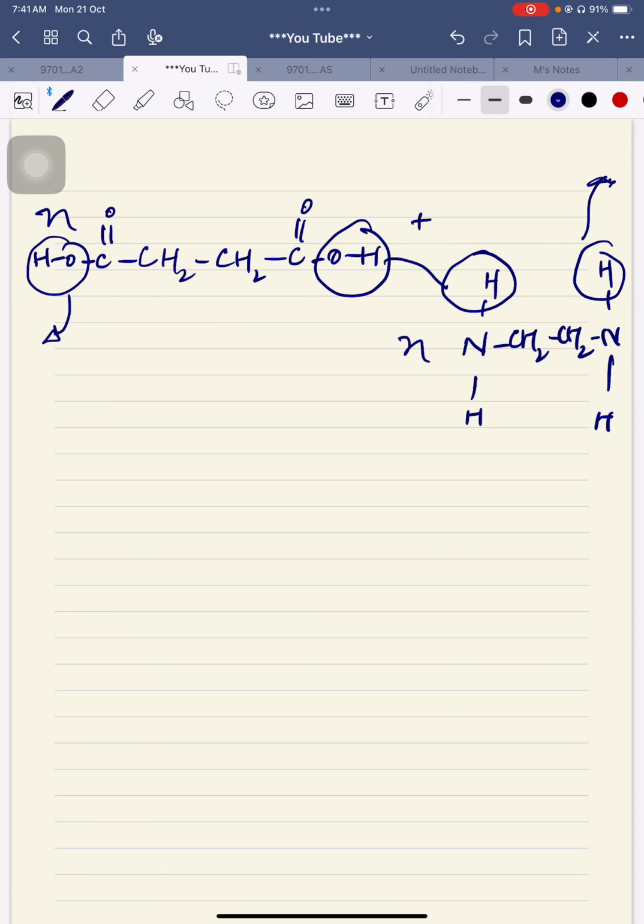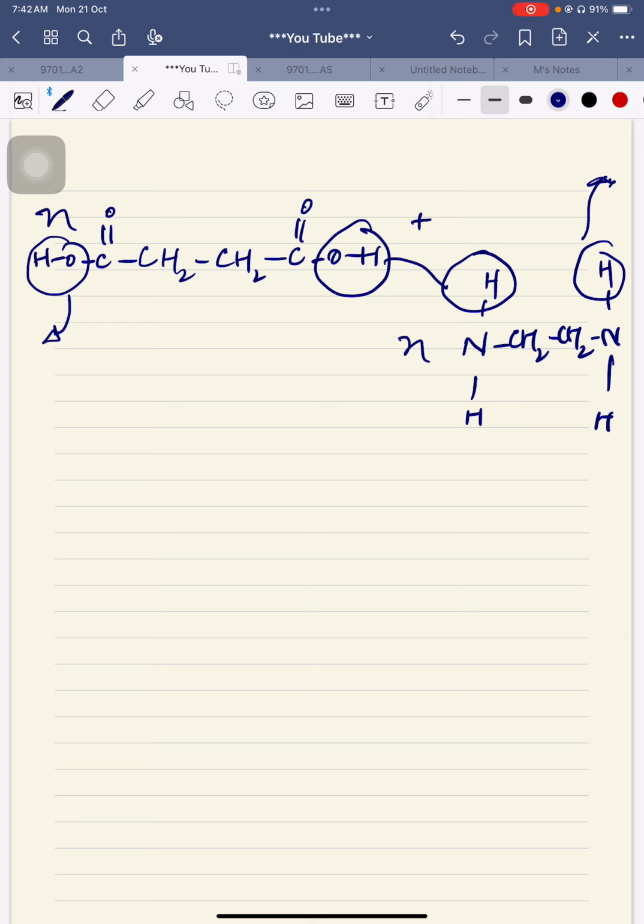And this H is going somewhere else, whereas this OH is going somewhere else. What is the meaning of somewhere else? In the container in which this reaction is occurring, we should know that there are thousands and thousands of dicarboxylic acids and thousands of diamines as well. One diamine is combining with a dicarboxylic acid on one side and another dicarboxylic acid on the other side.